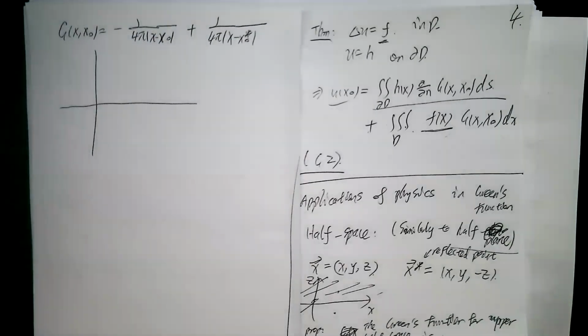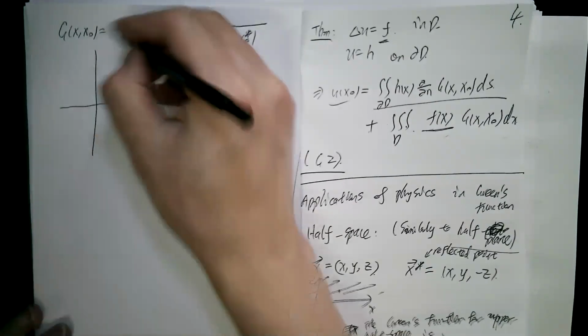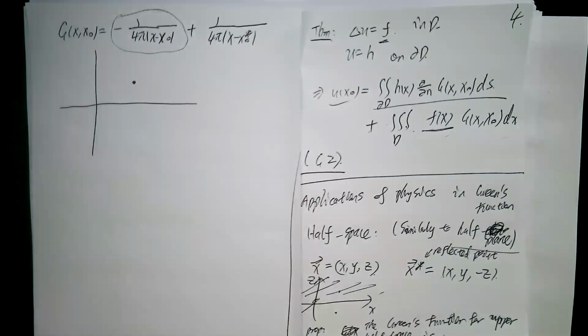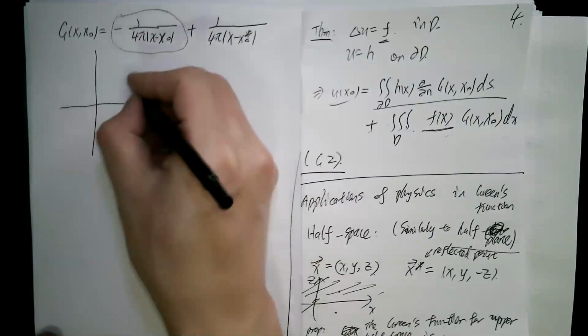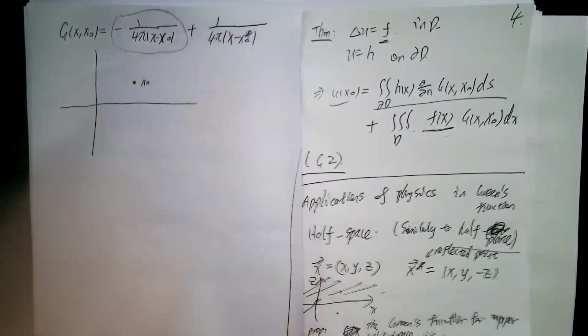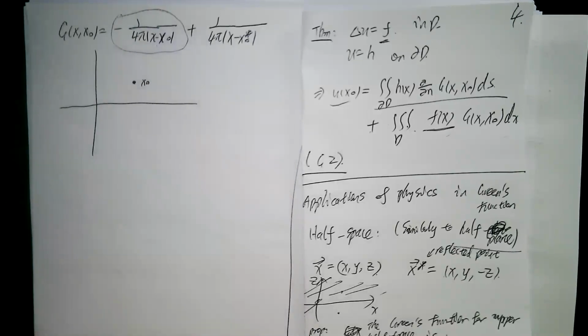This kind of thing is like you put one electron at the point x0, and the electric potential from this electron is given by this form.